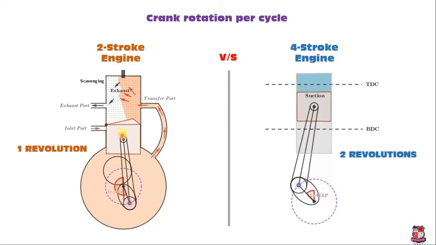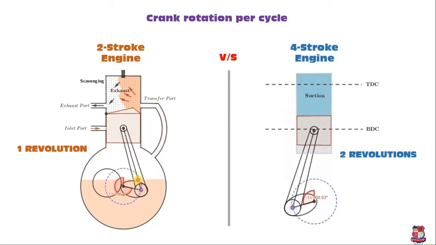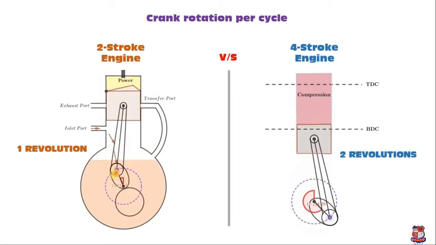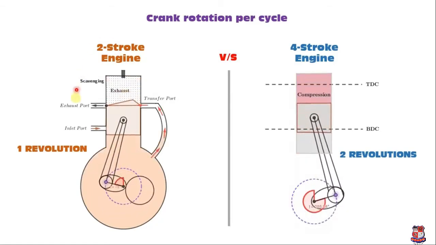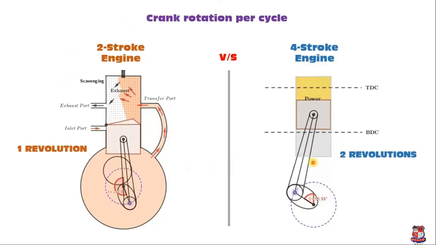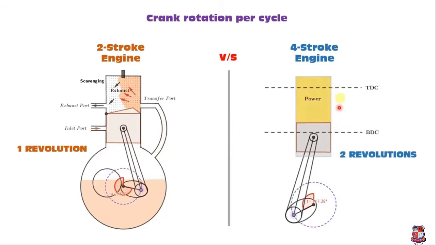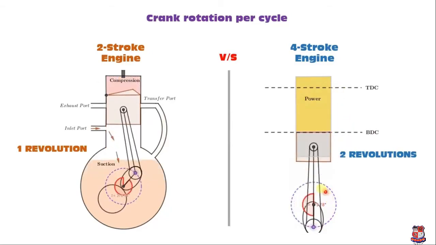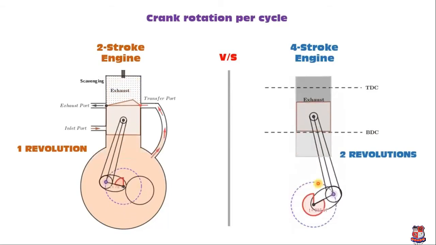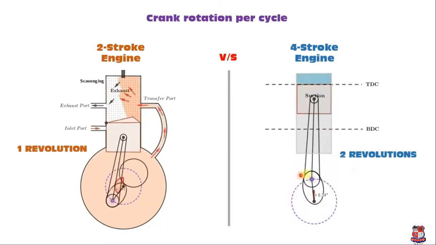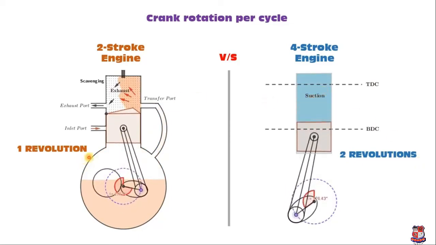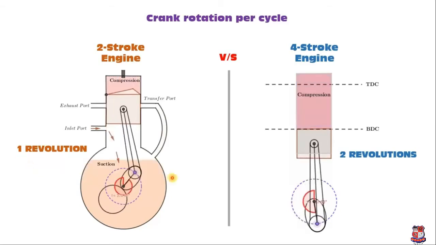Now during this movement this crank revolves only 1 time, means in 1 revolution this cycle of 2-stroke engine gets completed, while in 4-stroke engine we require 4 movements of piston, so 2 revolutions of crankshaft or crank. So in 4-stroke engine 2 revolutions will be required to complete the cycle. In 2-stroke, 1 revolution will be required to complete the cycle.